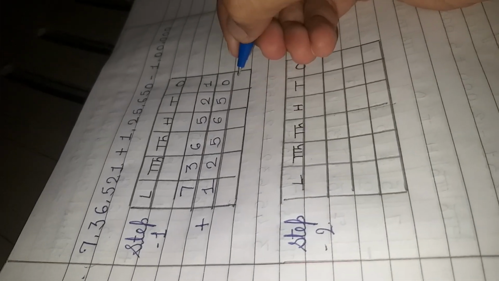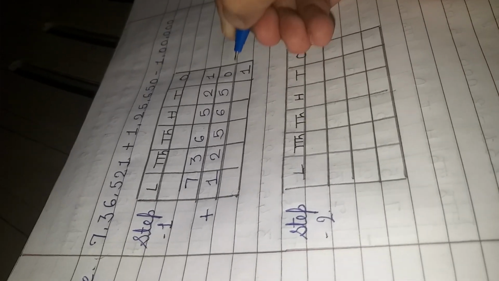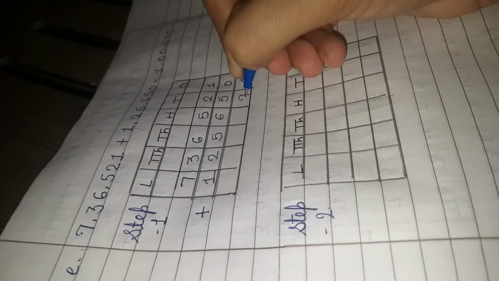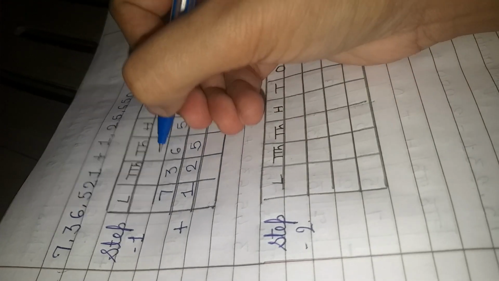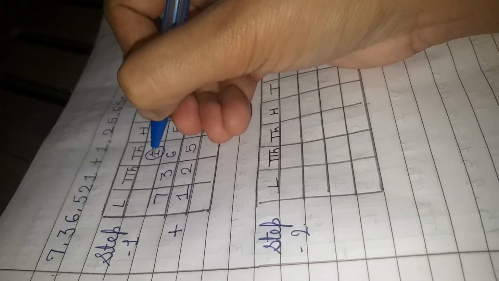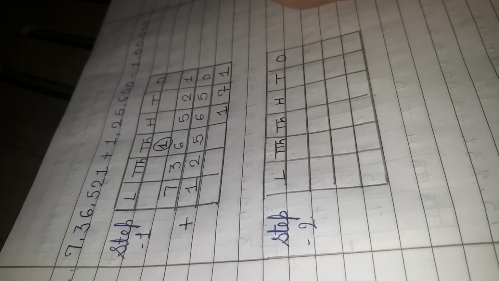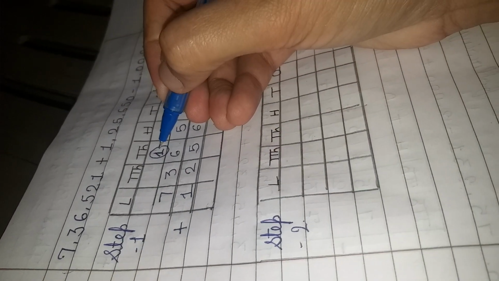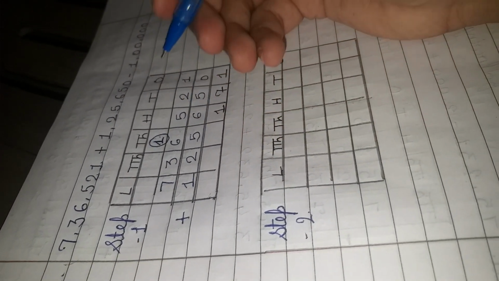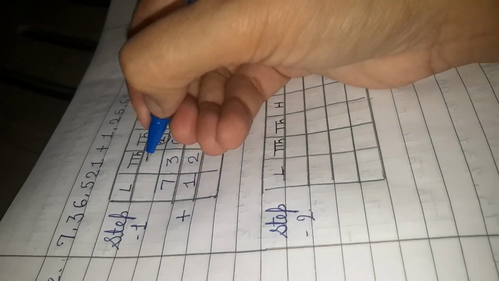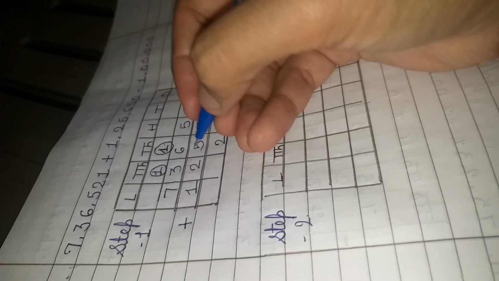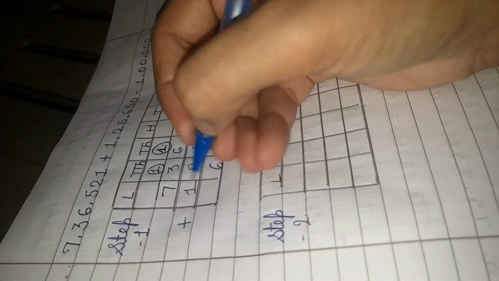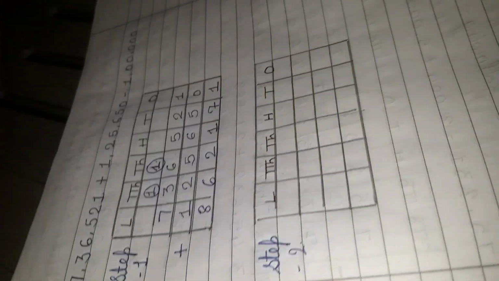So let's add: 1 plus 0 is 1, 2 plus 5 is 7, 5 plus 6 is 11, 1 will be carry over. 6 plus 1 is 7, 7 plus 5 is 12. So 2 here, 1 will be carry over. 3 plus 1 is 4, 4 plus 2 is 6, 7 plus 1 is 8. So we have finished with the first step.